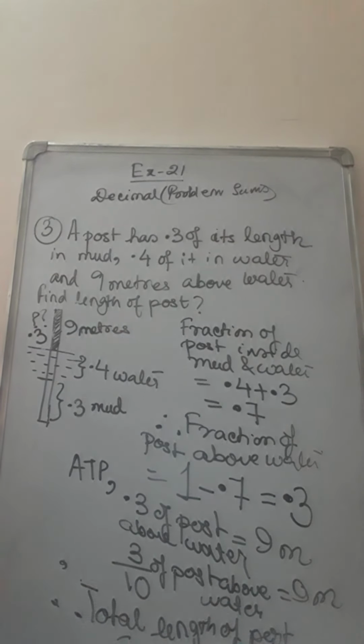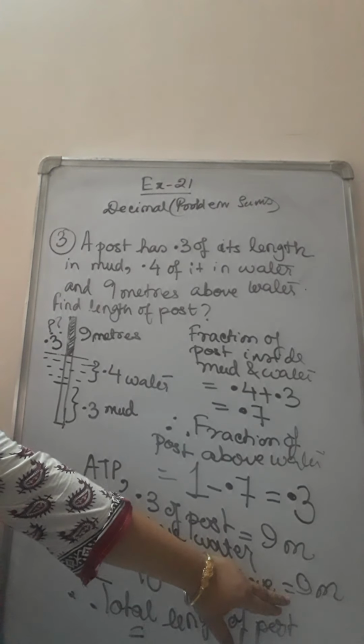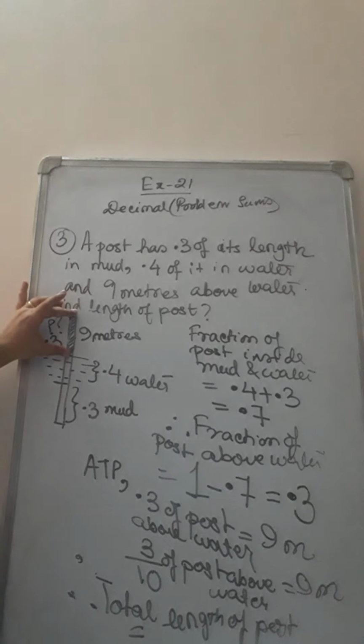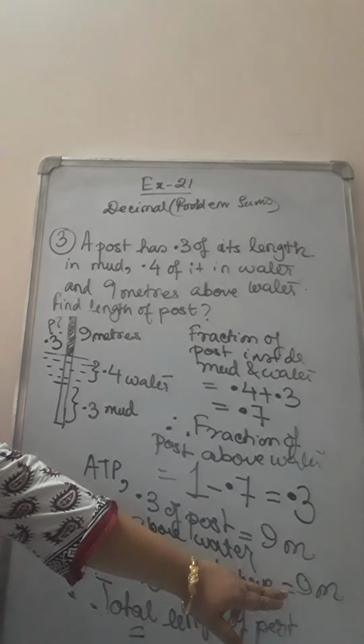now you have to think, if 9 meters is only above water, only this much is 9 meters, the total post will have a greater measurement, or the length will be much more. So the total length of the post that we want to find out, its measurement must be more than 9 meters.